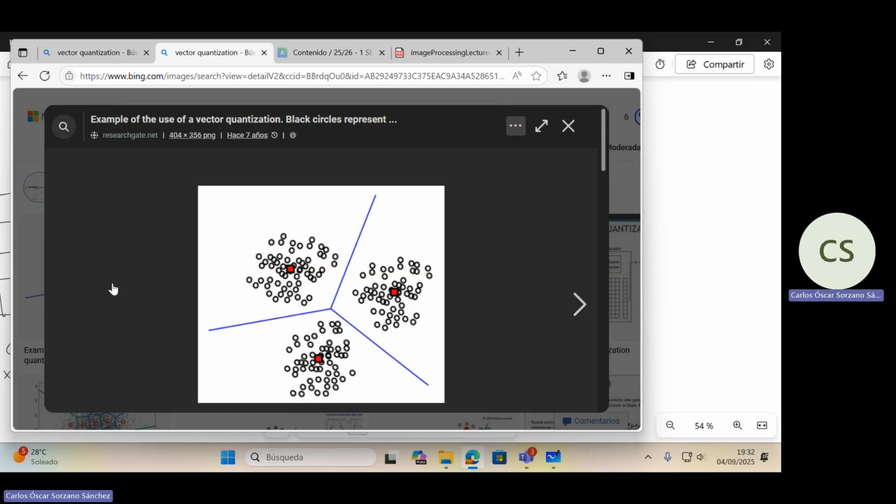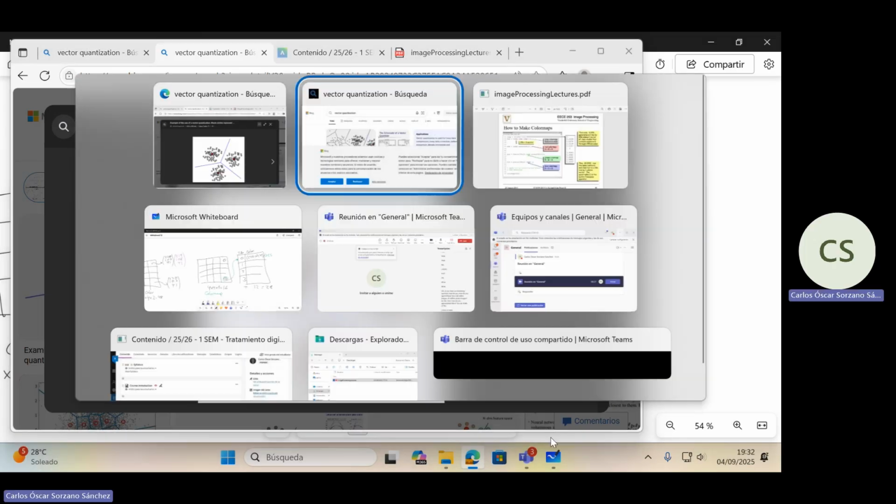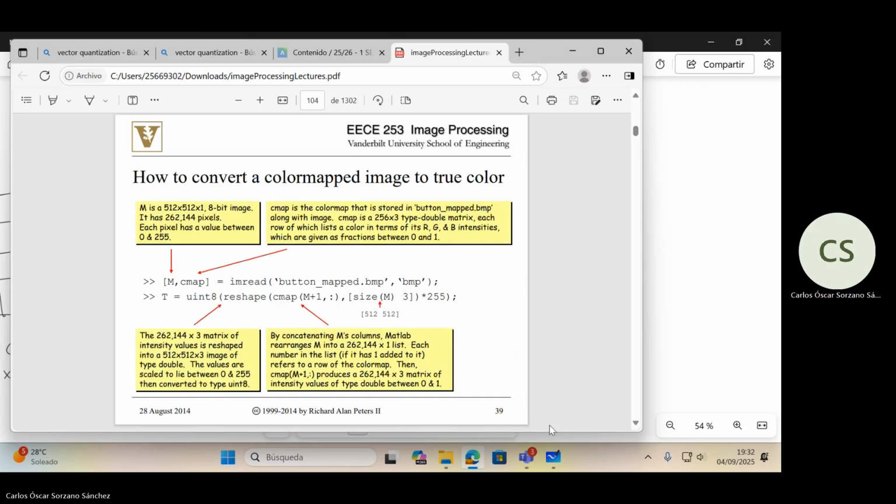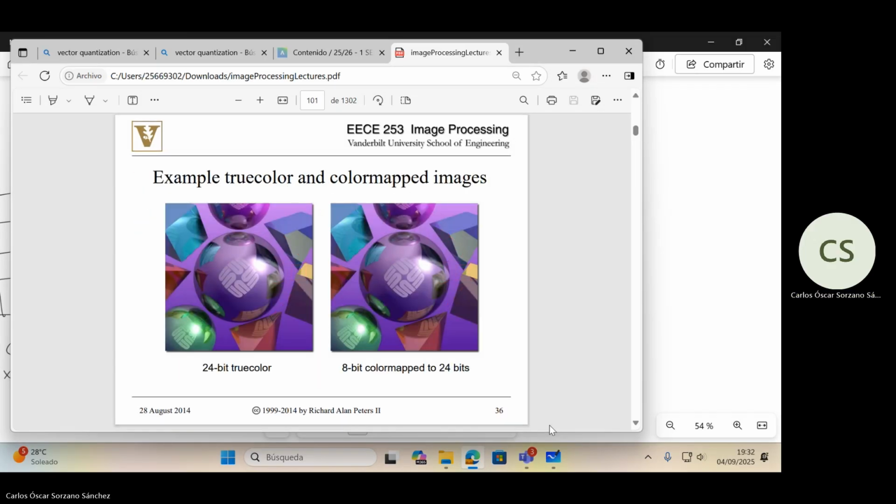So during the break, I have made an interesting question. How do you approximate these 60 million color images? So the colors, how do you approximate them? You can think of the image that we have in here. You can think of these points as a vector cloud.